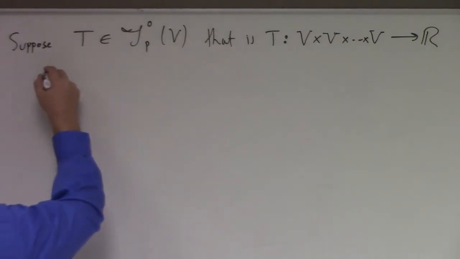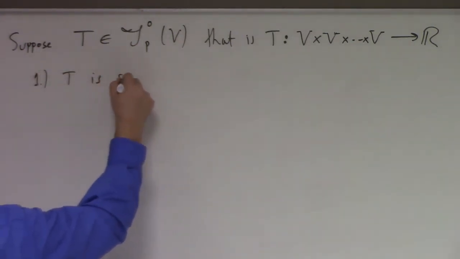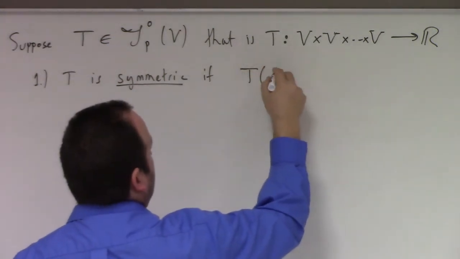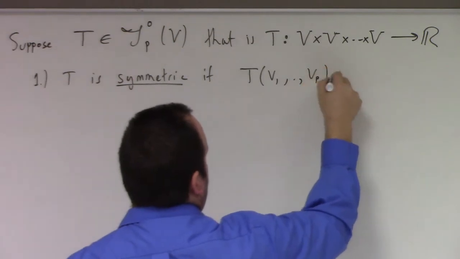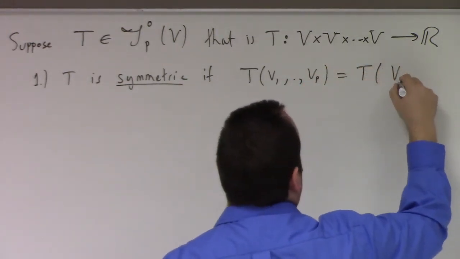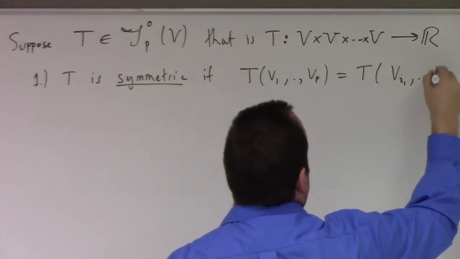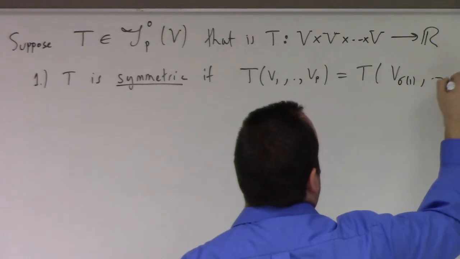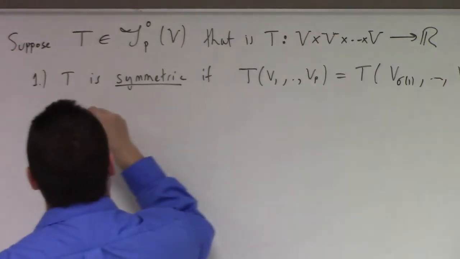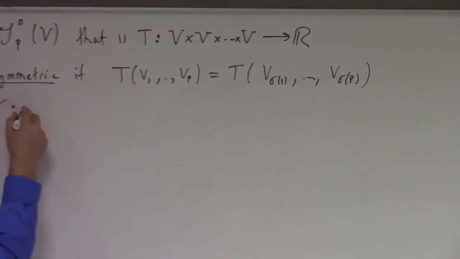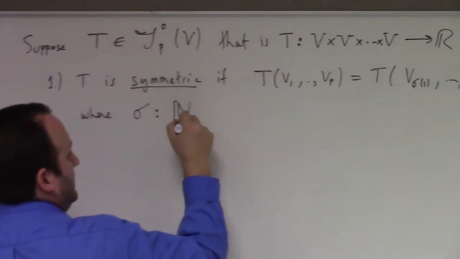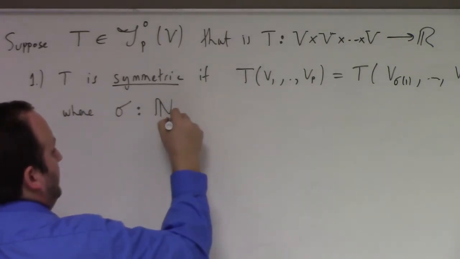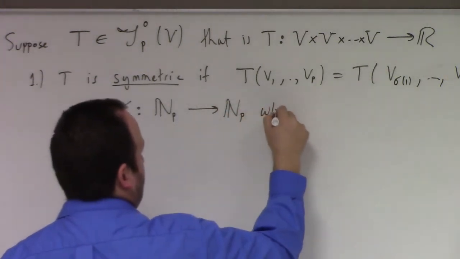So T is symmetric if T of, let's say, V1 through Vp is equal to T of V sigma of 1 through V sigma of p, where sigma is a mapping from the set 1 through p to itself, which is a bijection.